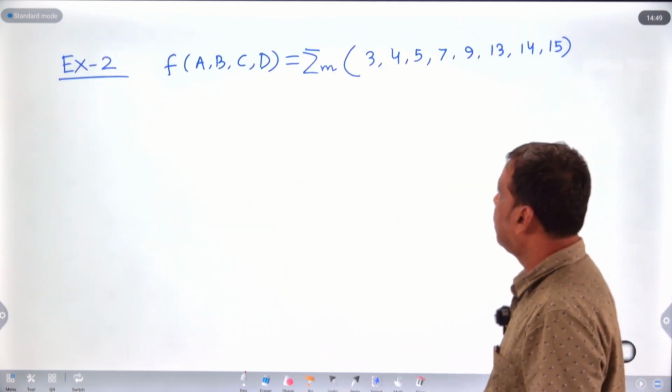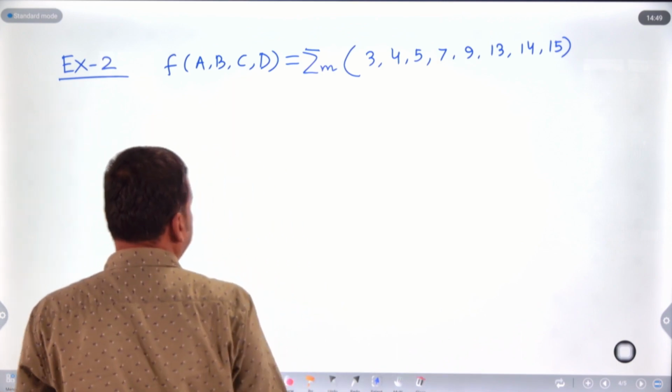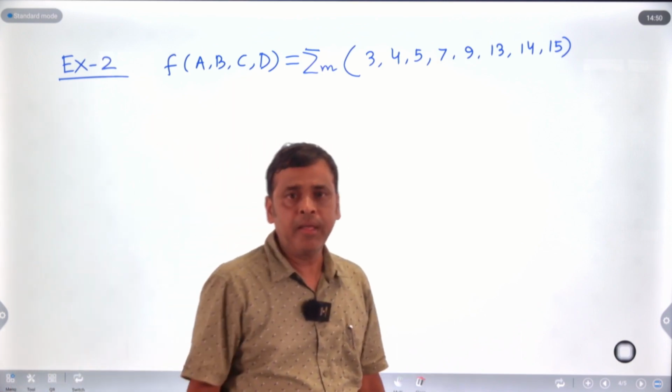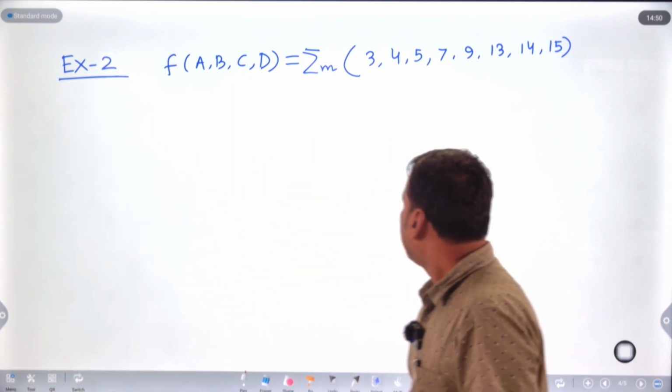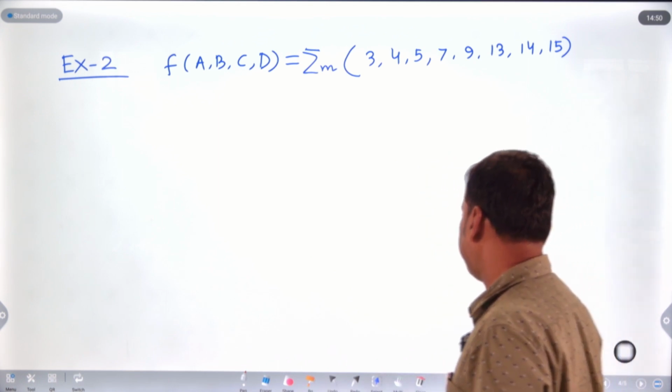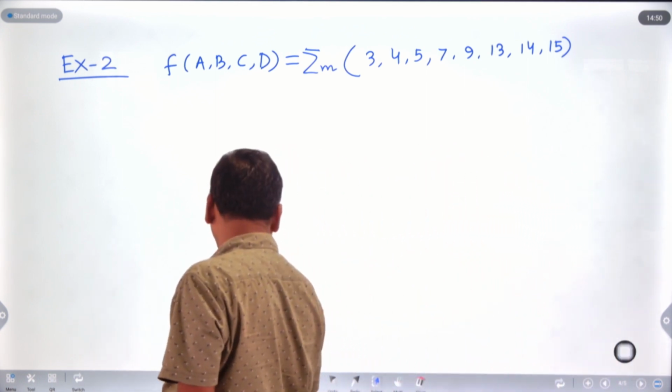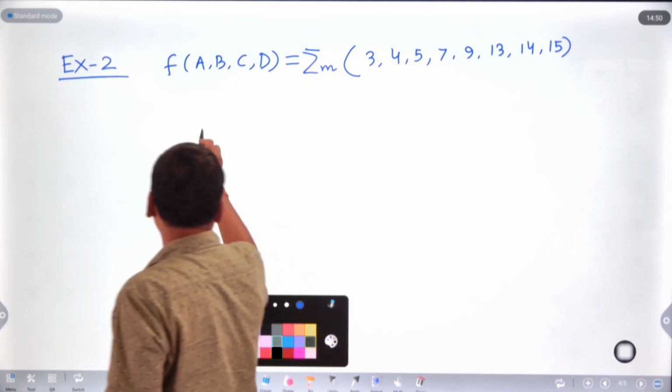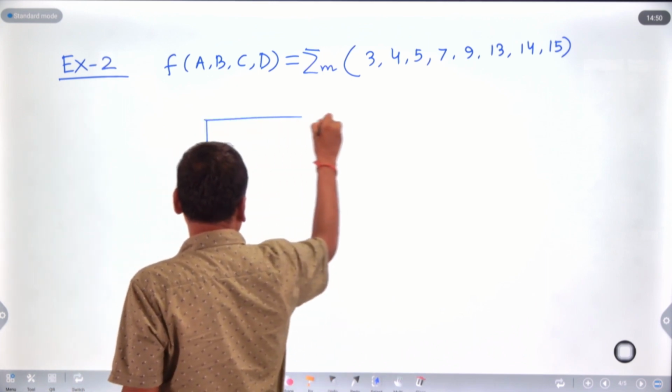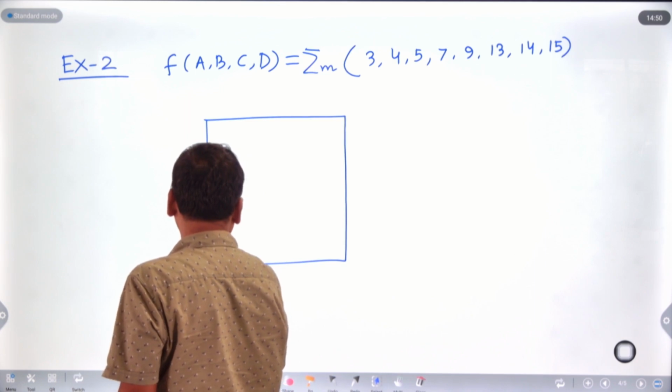Here also, f of ABCD equals 3, 4, 5, 7, 9, 13, 14 and 15. How to simplify the logic expression using KMF? Since it is a 4 variable, similarly you construct the 4 variable KMF. 4 variable is nothing but 16 squares.